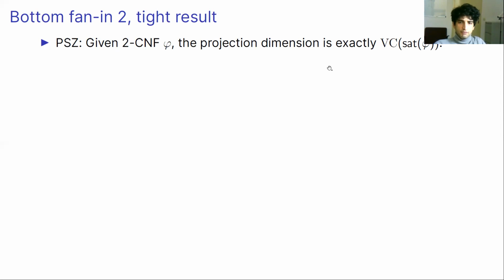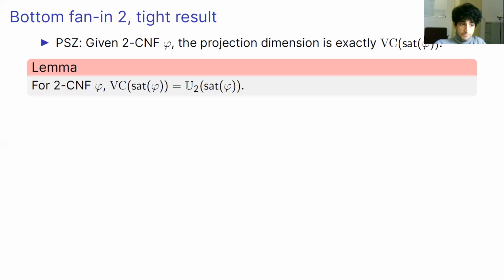So we can easily analyze satisfying assignments. But the same tool allows us to analyze this a little bit more closely. And actually, we can show that the VC dimension is exactly the universal 2 dimension for 2-CNFs.